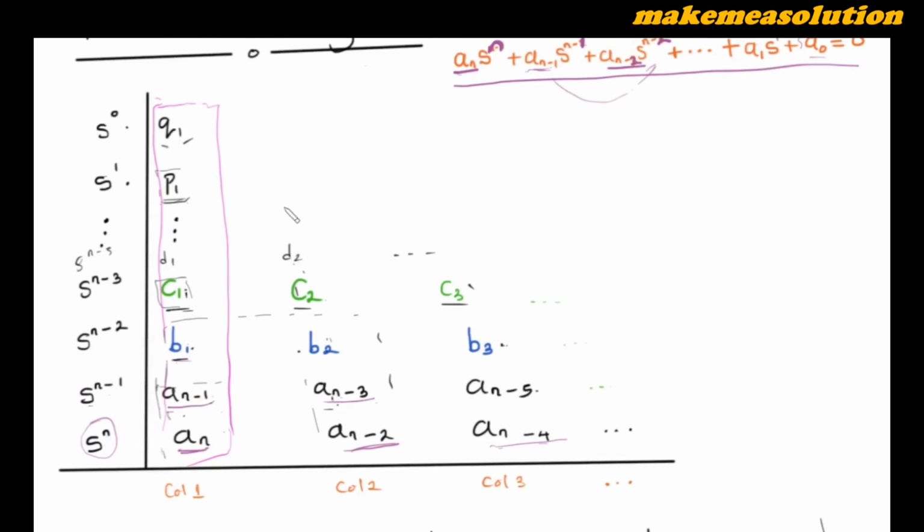So for my system to be stable, for my system not to have any positive roots or unstable roots, I have to make sure that all these coefficients that I have gotten on this first column have the same sign. That's just the emphasis of the Routh criterion method, that all the coefficients on the first column of our Routh array should have the same sign. Is that okay? They should have the same sign.